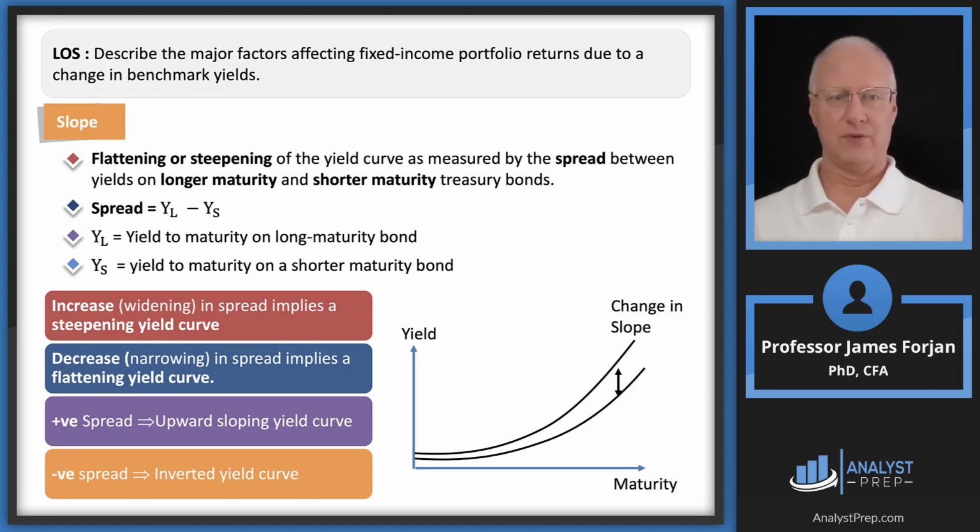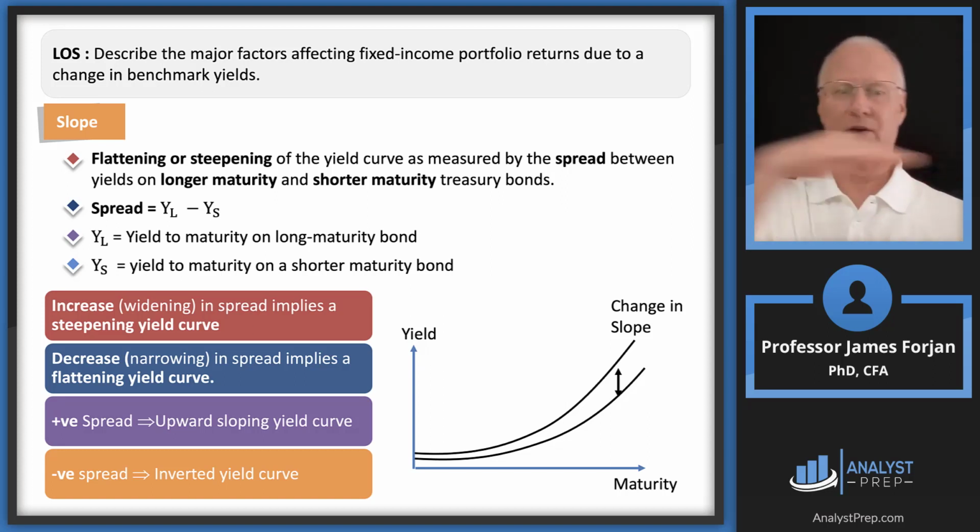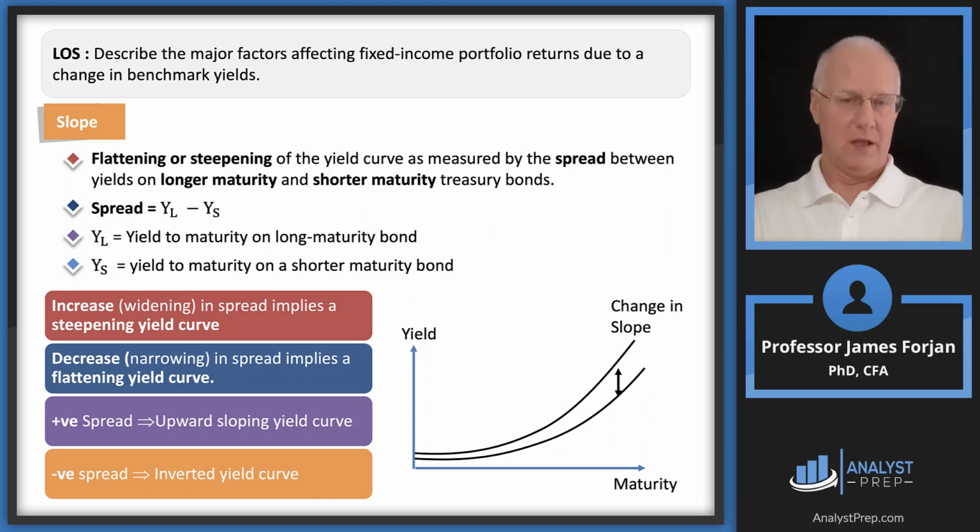Now, how about the slope? This is just a flattening or a steepening, and so all we're doing is making it either flatter or steeper. Now, what we can do is try to infer something about the spreads associated with the steepening or a flattening of the yield curve.